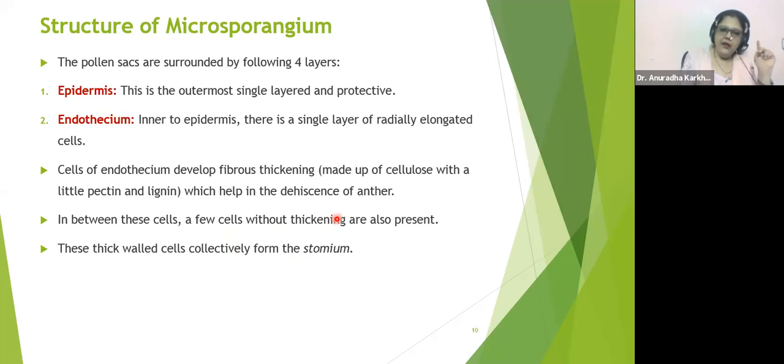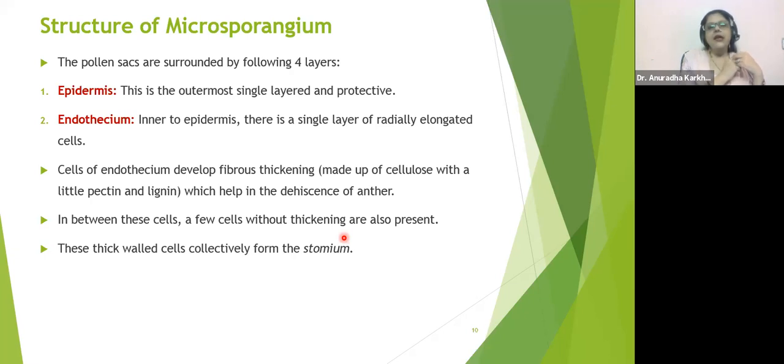Okay, and the thick-walled cells collectively are going to be forming a stomium. So stomium is nothing but, as I had told you, the perforated dots of your checkbook. In the same way, there's going to be a scope for rupturing of the anther for liberating the pollen grains. So that particular line of dehiscence is going to be called your stomium. Got it?